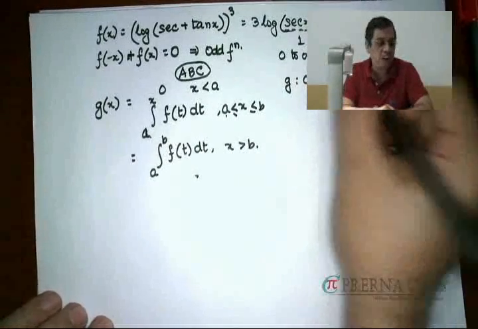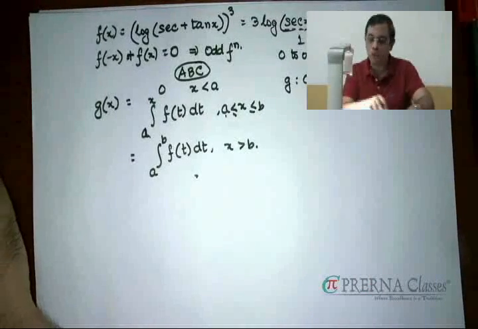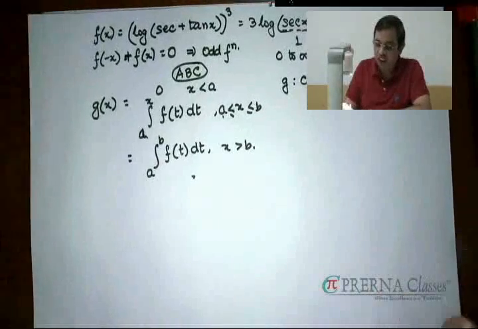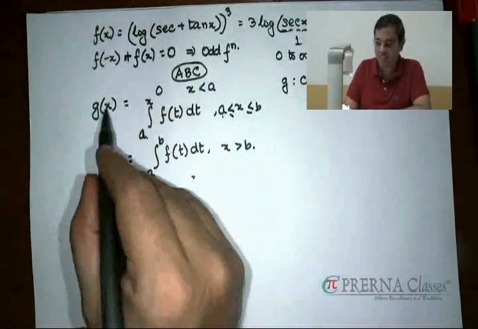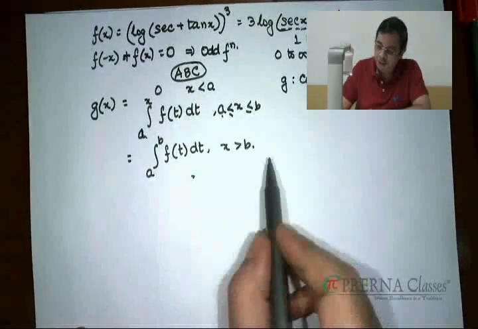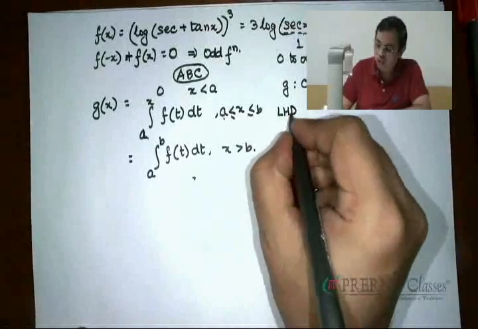What we then need to check is the differentiability of g at both a and b. Note that g is a constant when x is less than a. It's a constant when x is greater than b. So the left hand derivative at a is going to be 0. The right hand derivative at b is also going to be 0.